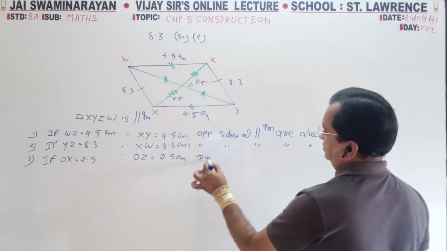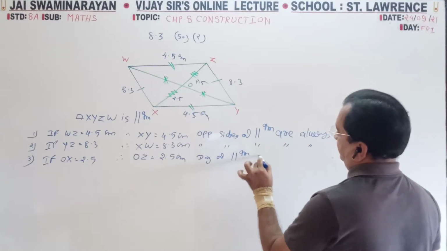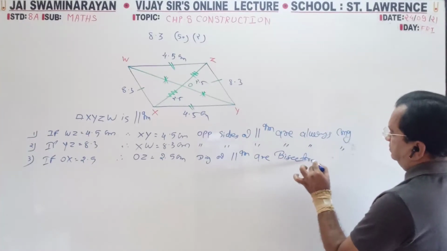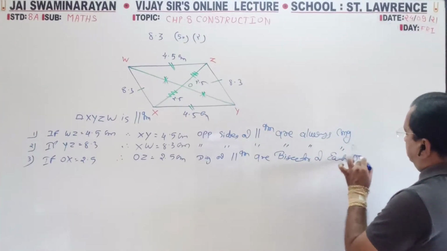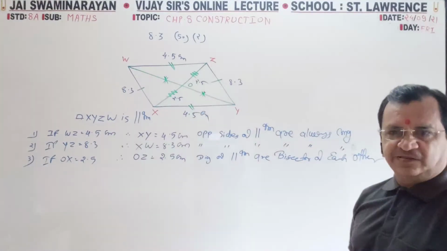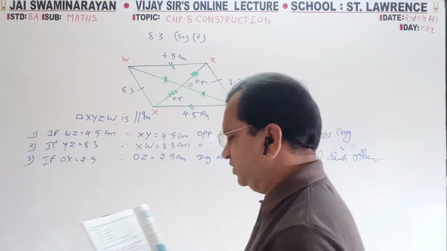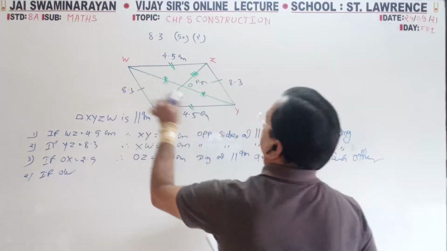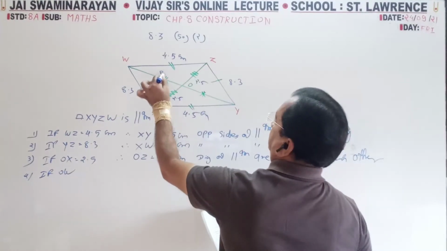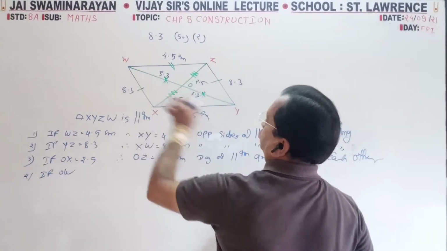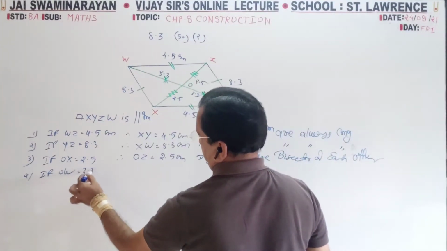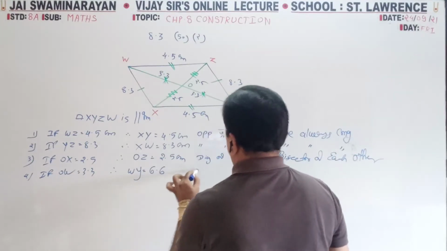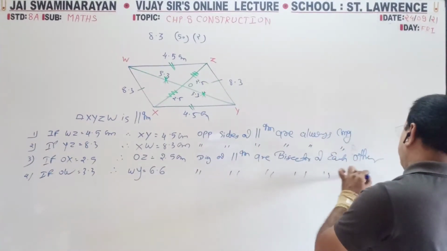Diagonals of a parallelogram bisect each other. Fourth question, if OW is 3.3, this is 3.3, so total is 6.6. Diagonals of a parallelogram bisect each other.